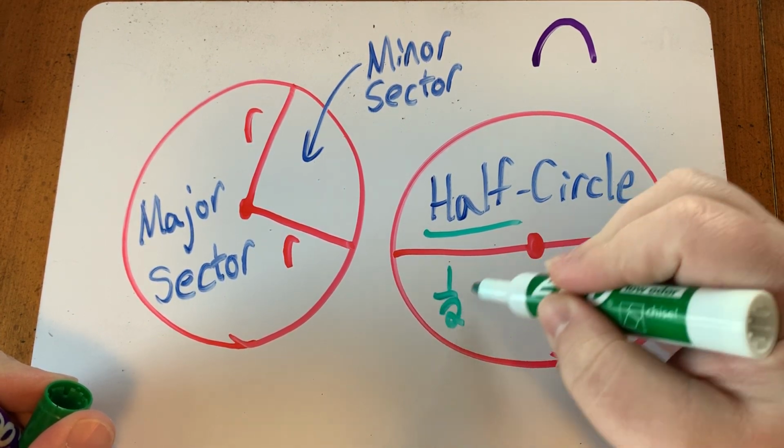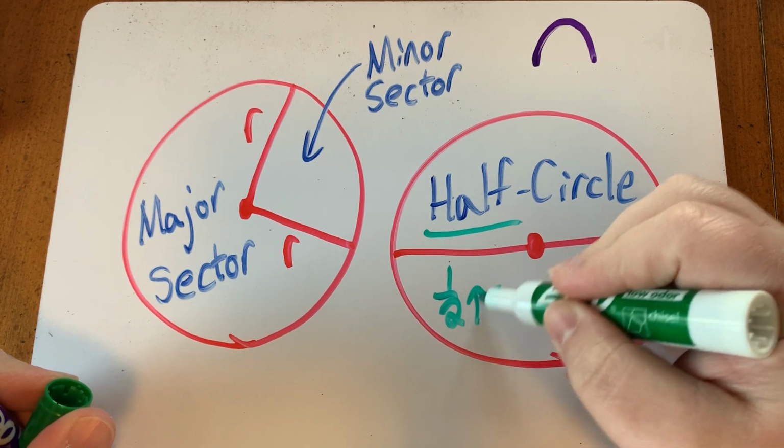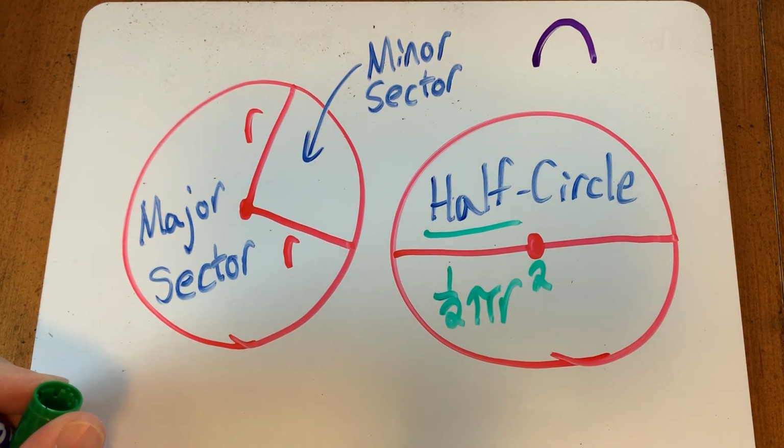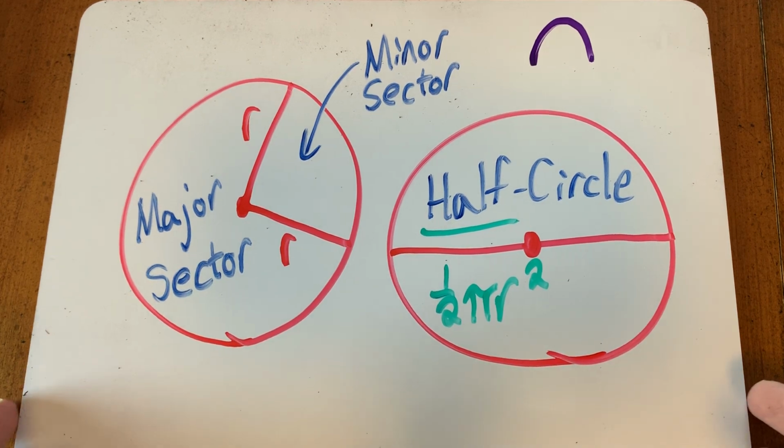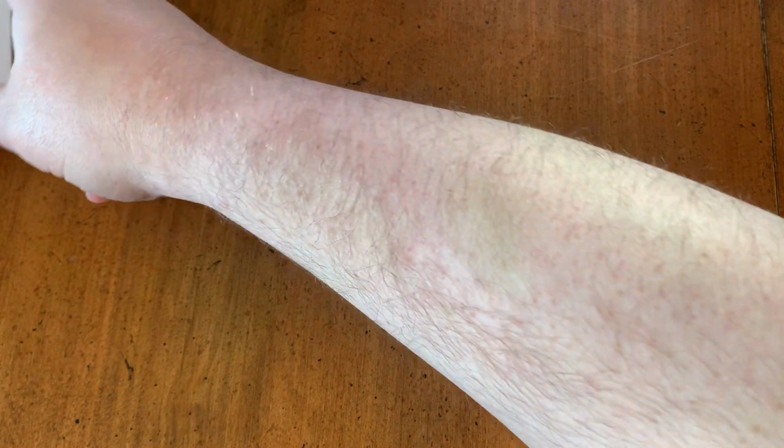So it's 1/2 pi r squared. I don't know why I did that so far to the right and not centered. It doesn't really matter though. So that's the area of a half circle. And I hope that makes sense. And if it doesn't, I honestly don't know how to explain it other than that.